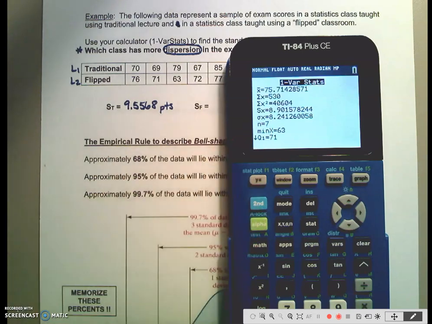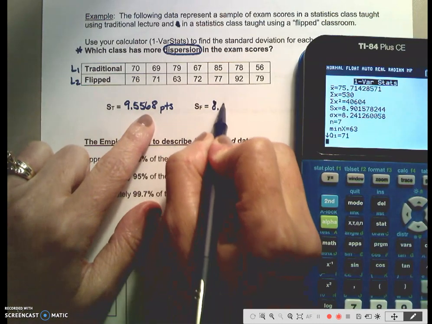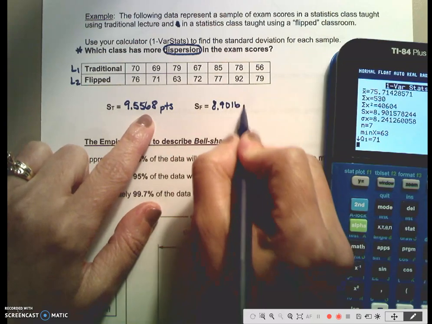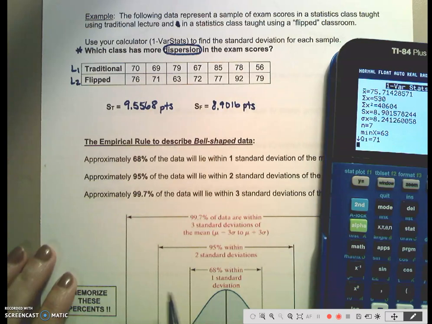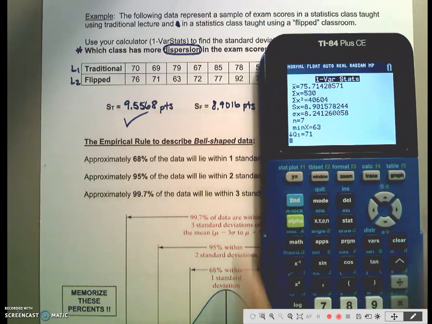And that standard deviation is like 8.9016 or 8.902, whatever you want to call it. I'll go the same number of decimals. 8.9016 points. So who has more variation? Traditional. Traditional has more variation simply because their standard deviation was larger.